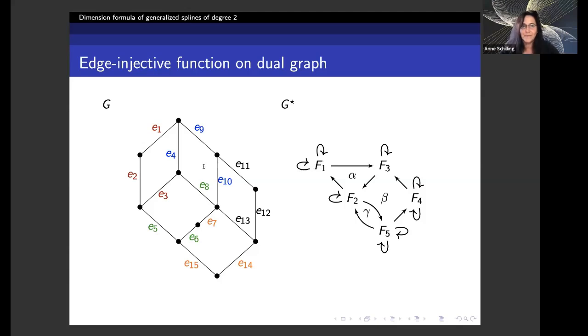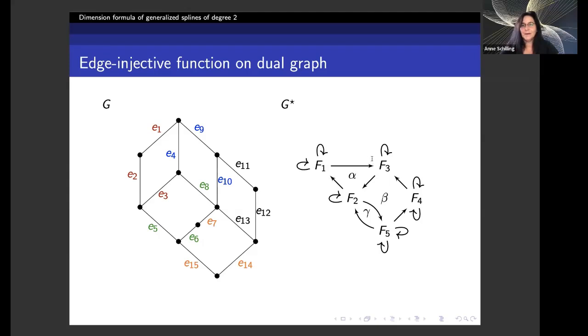So here phase 1, which corresponded to my edge injective function, had associated edges 1, 2, and 3 to this phase. So therefore in this dual graph, this arrow goes into my phase. And for the loops, again, the loops go into the phase because those edges were associated to this phase.